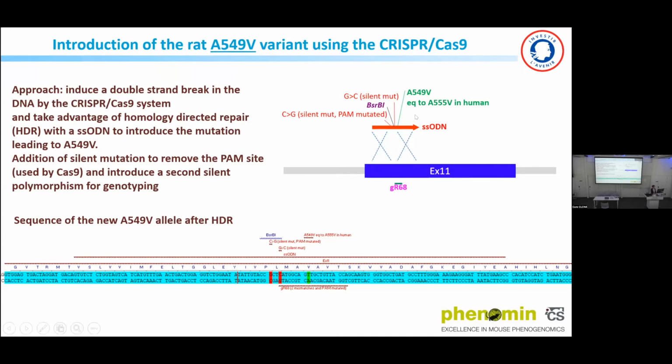This has been done by designing a single-strand oligonucleotide which has the point mutation, and a few additional changes which will allow later on to genotype the rats.